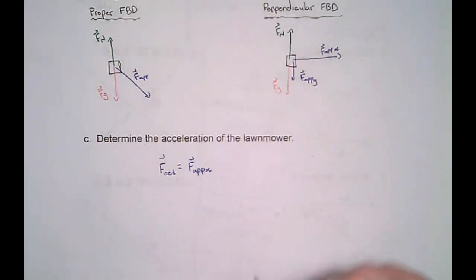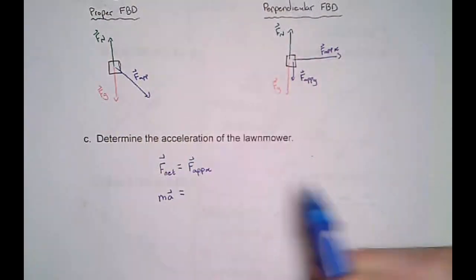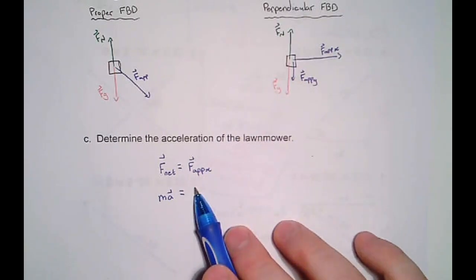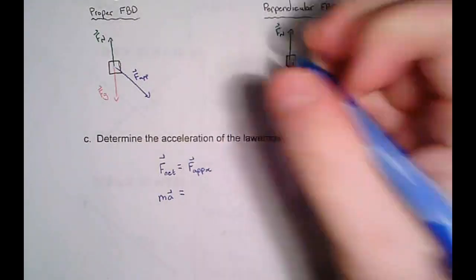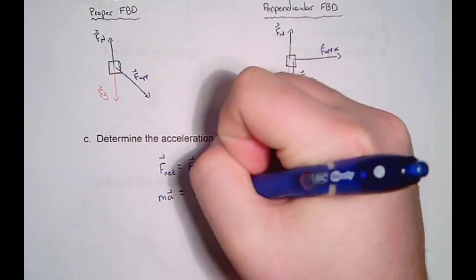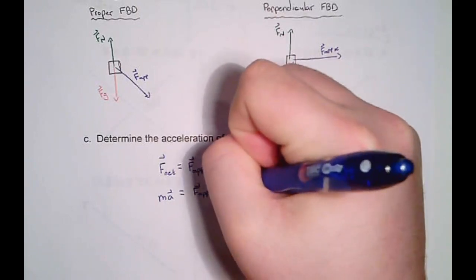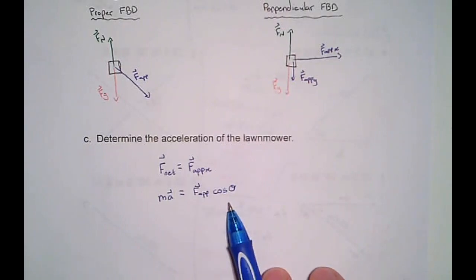From here, we can determine force is equal to mass times acceleration, and the applied force in the x direction is equal to the applied force times the cosine of the angle. That is what we've been using the whole time to find the x component of the applied force.